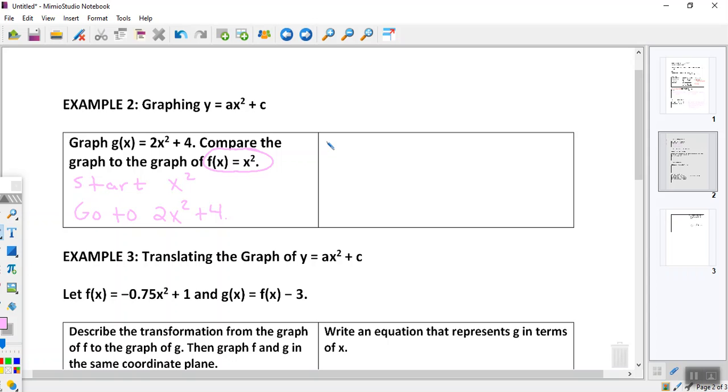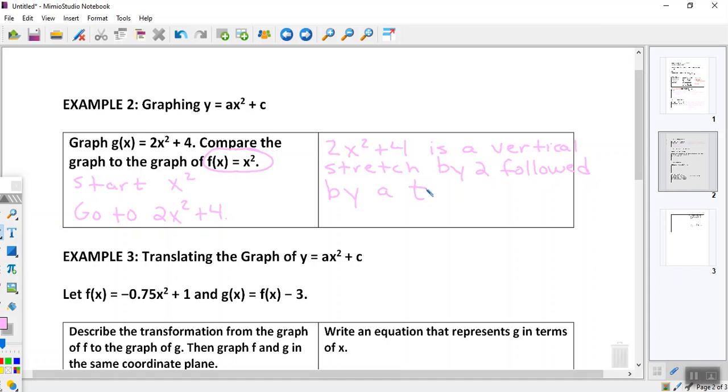So I'm going to say 2x squared plus 4 is a vertical, did you guys say stretch? By what value? 2. Followed by a, here's the word I'll use.